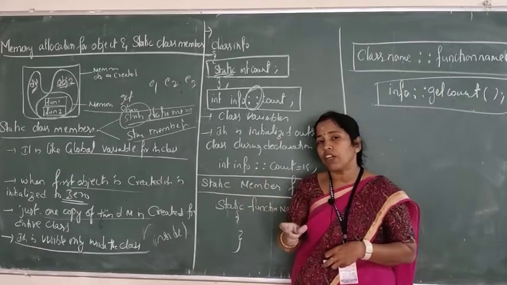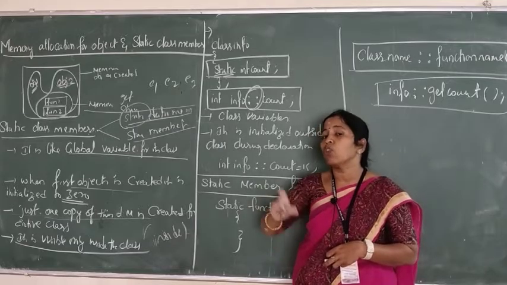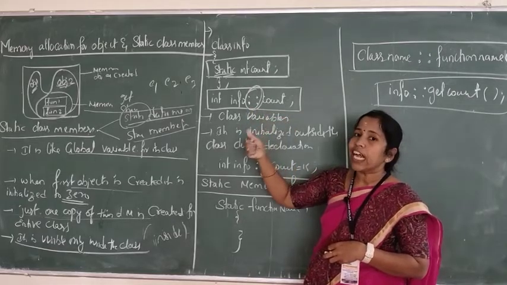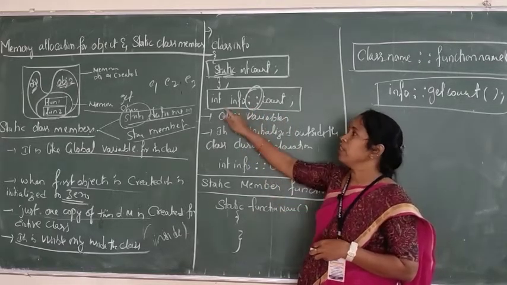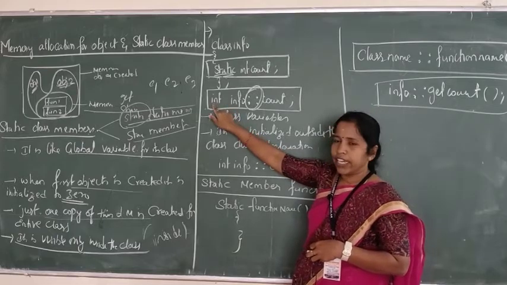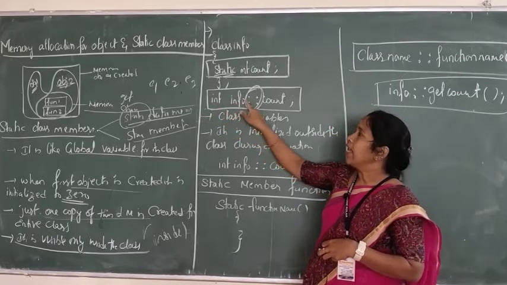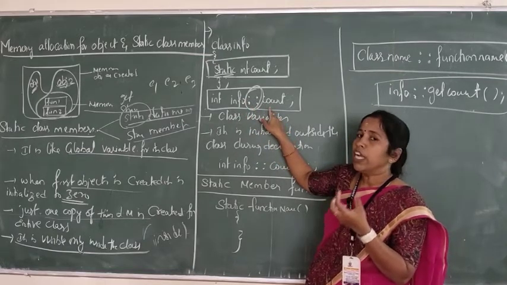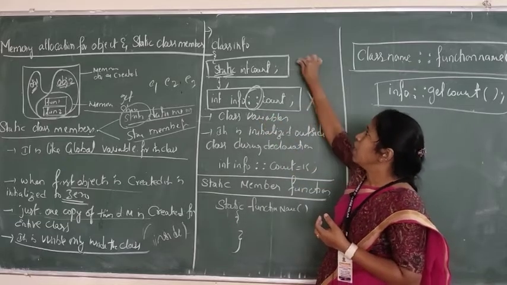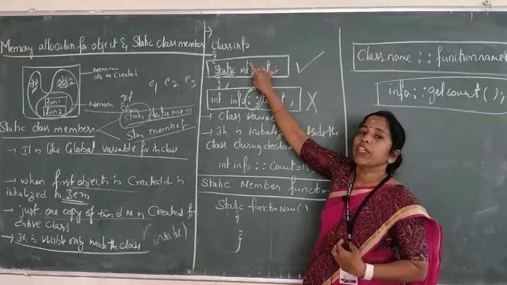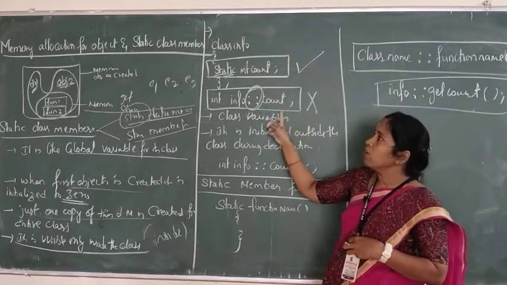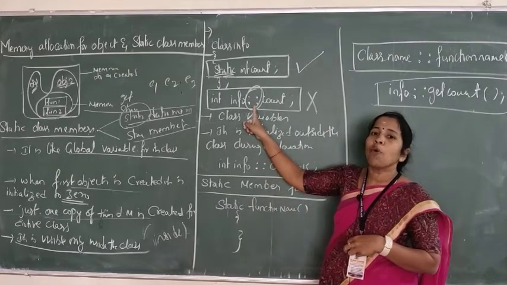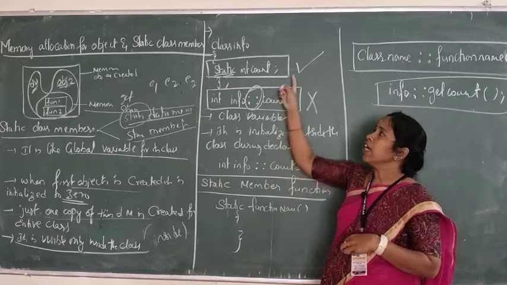So when you are declaring a static variable outside the class, you have to follow this syntax: the data type followed by the class name and then the scope resolution operator. Afterwards, you specify the name of the static variable. That's all. Here you are not using the static keyword. But inside the class, you have to make use of the static keyword. When you are defining it outside the class, there is no need of the static keyword, but you have to make use of the scope resolution operator.